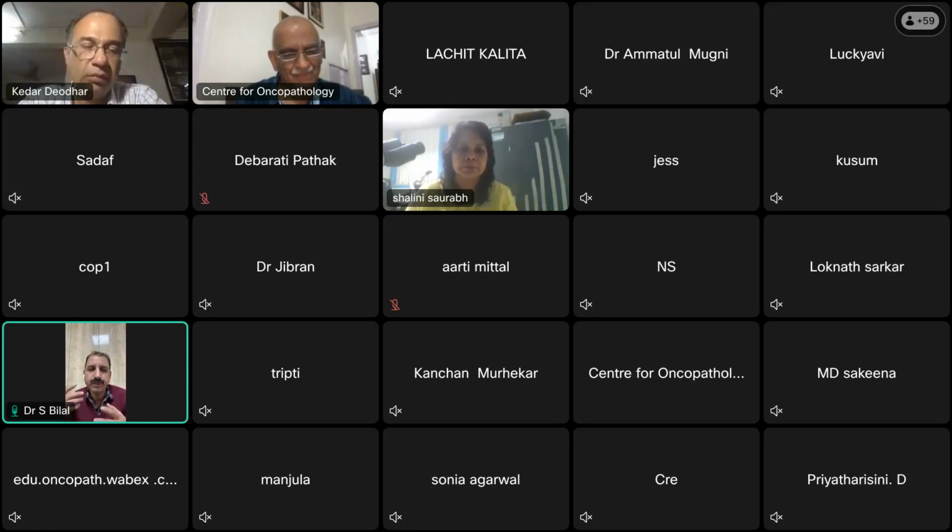The question was whether we will count it as a node or as a mesenteric deposit. Most of the time in a node, you have some lymphoid remnant or the capsule on the side, so in that way you can put it as a node.